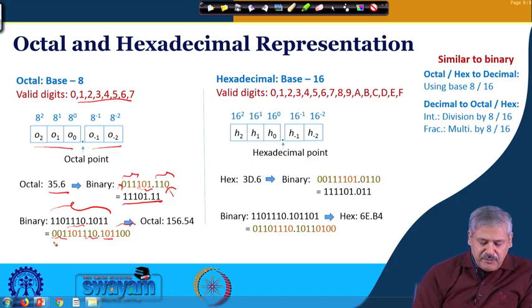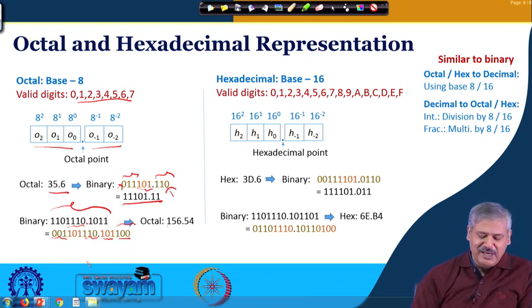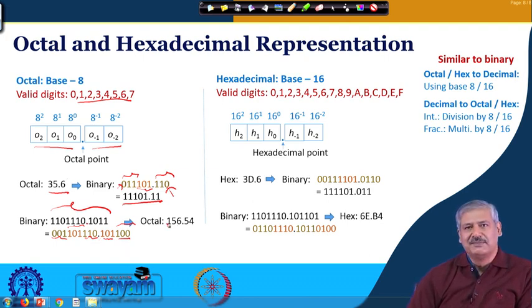And then for each of these groups you write the corresponding octal equivalent. So 001 is 1, 101 is 5, 110 is 6, and 101 over here is 5, and 100 over here is 4. Okay. So this is the way binary to octal conversion can be done.